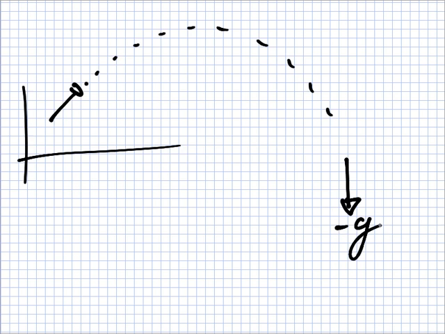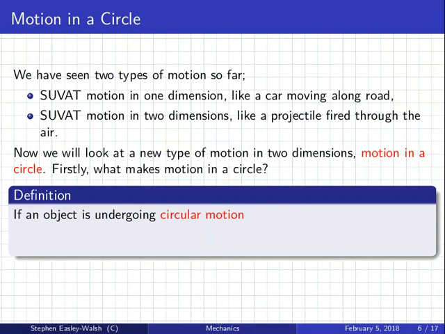Okay. Does anybody know what it is that makes something move in a circle? Why would something move in a circle? Any ideas? Yeah, but something special about it. Obviously the force can't just point any direction.